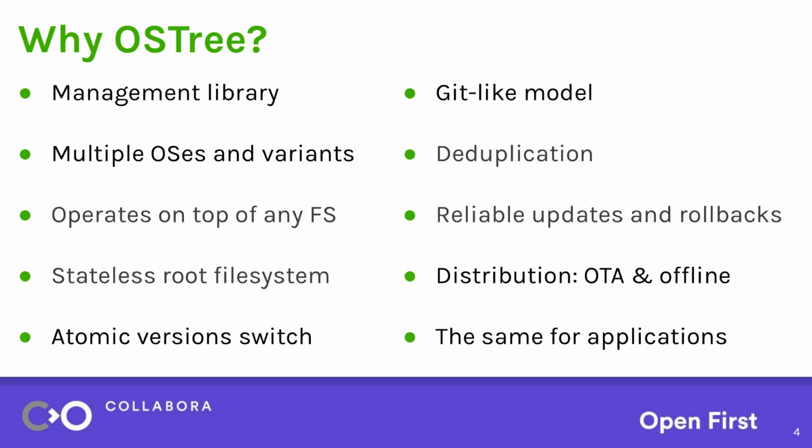Some high-level OSTree features which make our life easier. It provides a more or less stable and reliable library with bindings to most programming languages. It stores multiple operating systems and variants in a single repository.